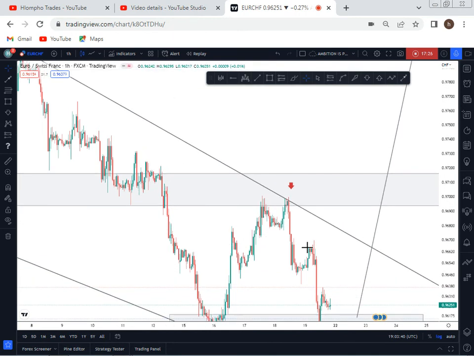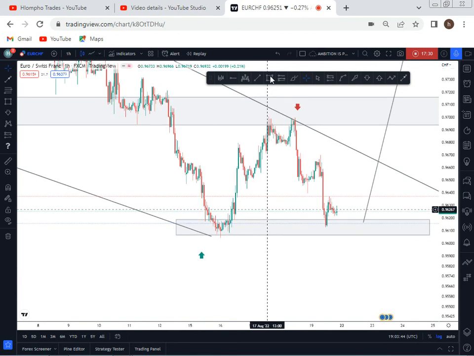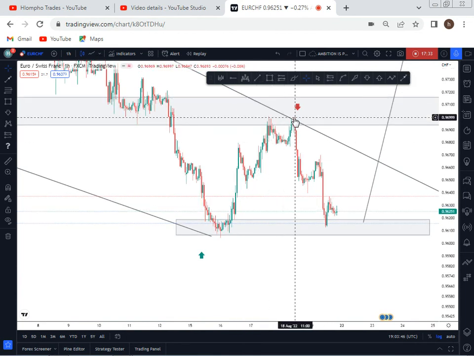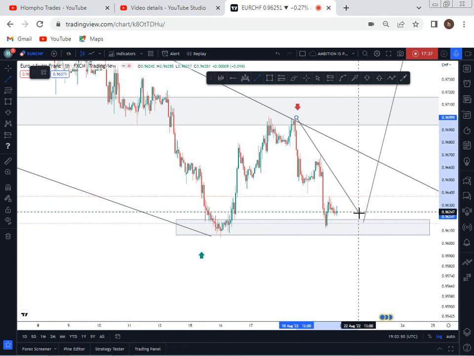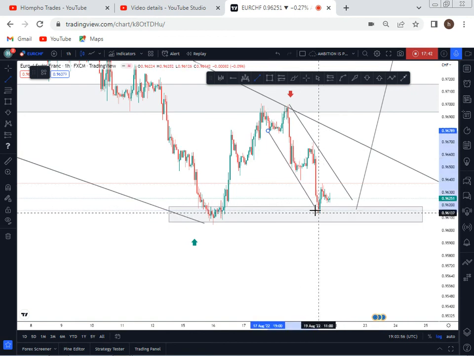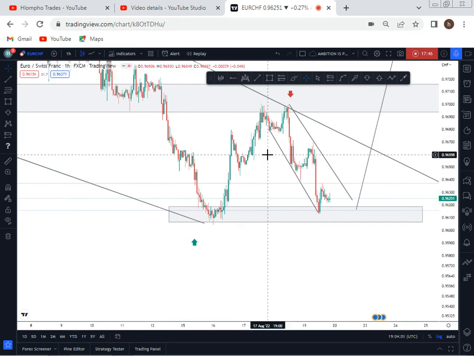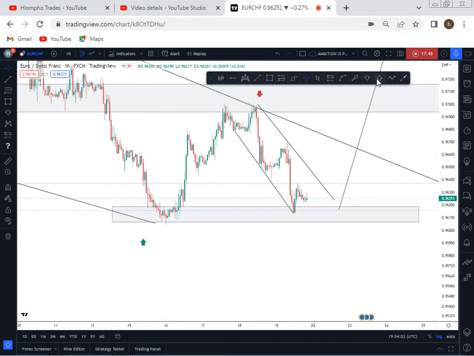Okay, this is H1, guys, and it is clear. I don't even need to analyze it, but then I'll have to analyze it. You see? So now we're having first touch right here, second, and third touch.